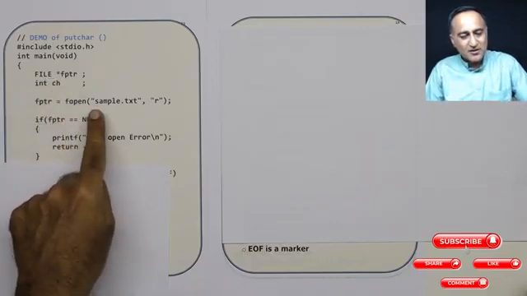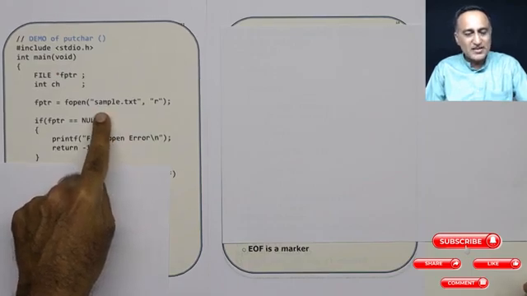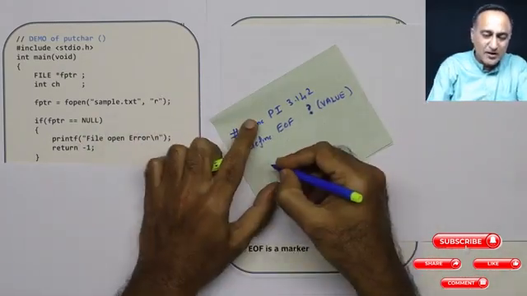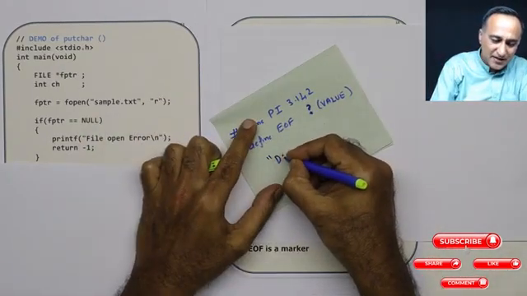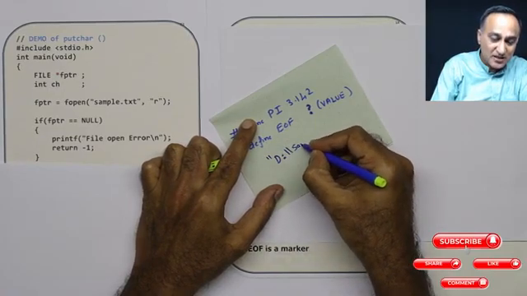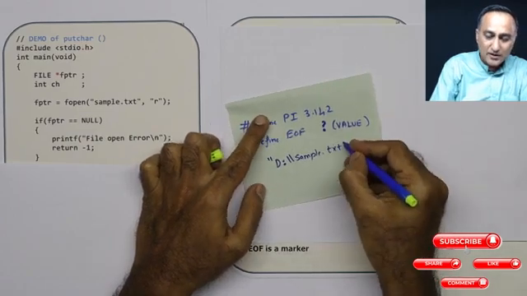fopen is a function. The first parameter is the name and path of a file. Suppose this sample.txt exists in the D drive. So I could put it in double quotes like this. I could say D:\\ because backslash has a special meaning in C. To remove the special meaning, I need to give one extra backslash.